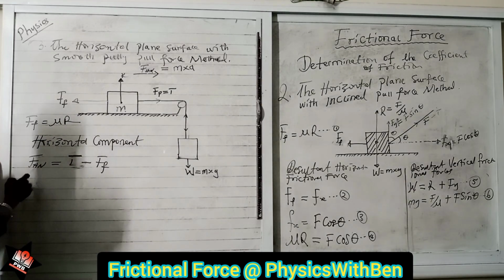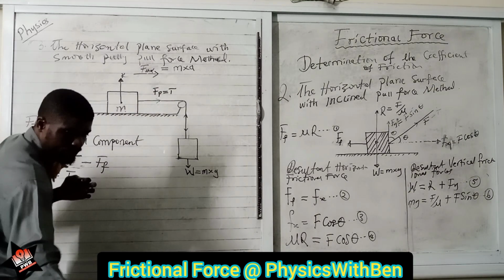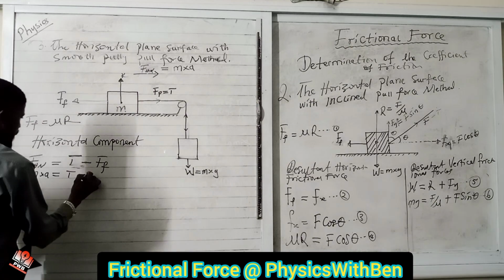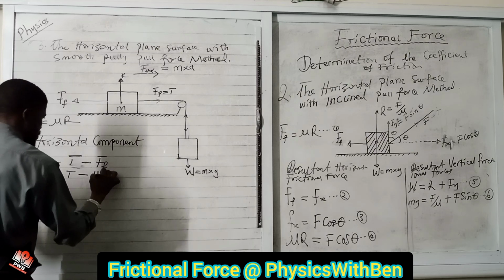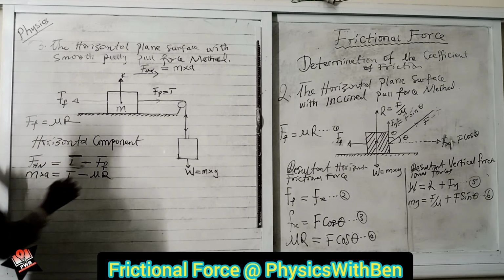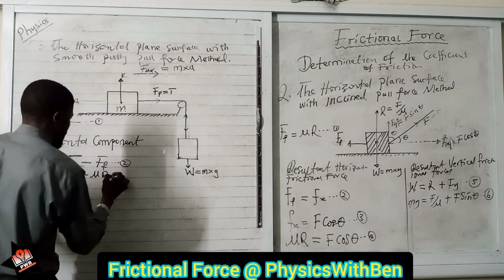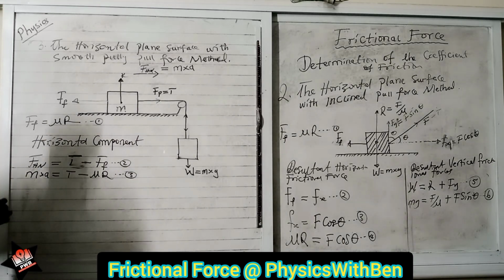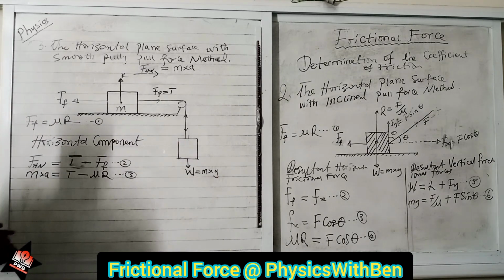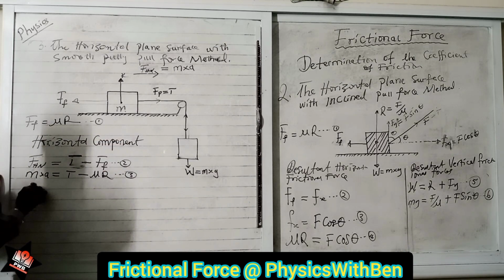So we write that our mass times acceleration is equal to this tension minus mu R. So we call this equation number 1, this is our equation number 2, and this is our equation number 3.